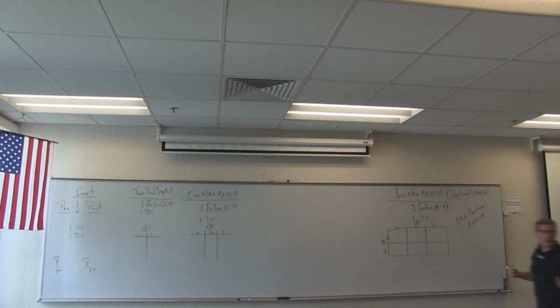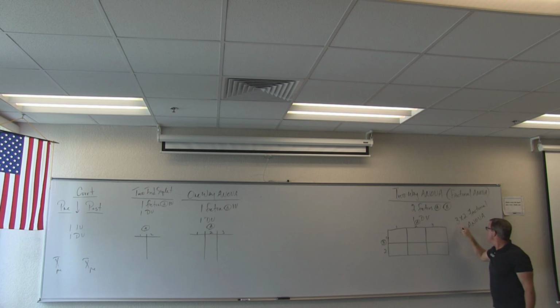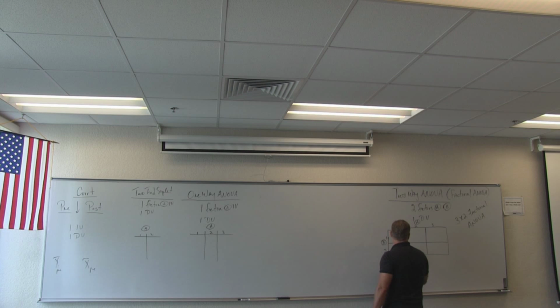In a scientific journal you would see it called this, and it's a 3x2 because we have 3 levels of factor A and 2 levels of factor B. With the dependent variable, of course, the numbers in these boxes are our one dependent variable.